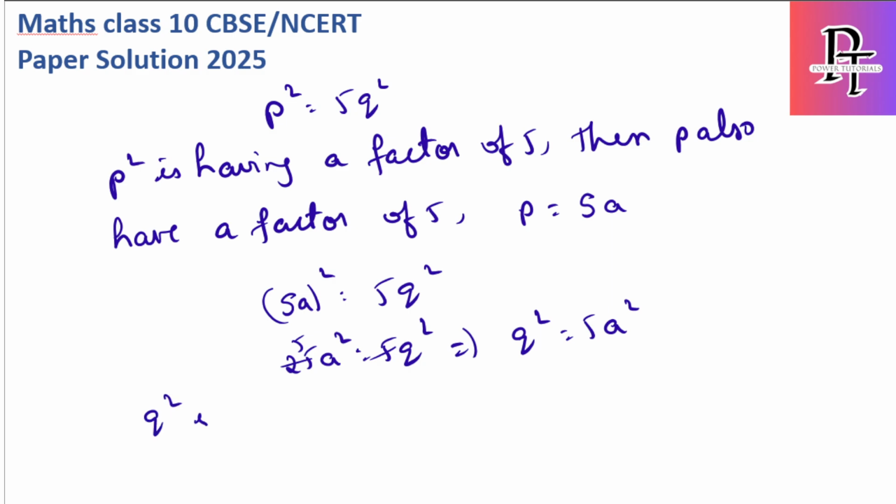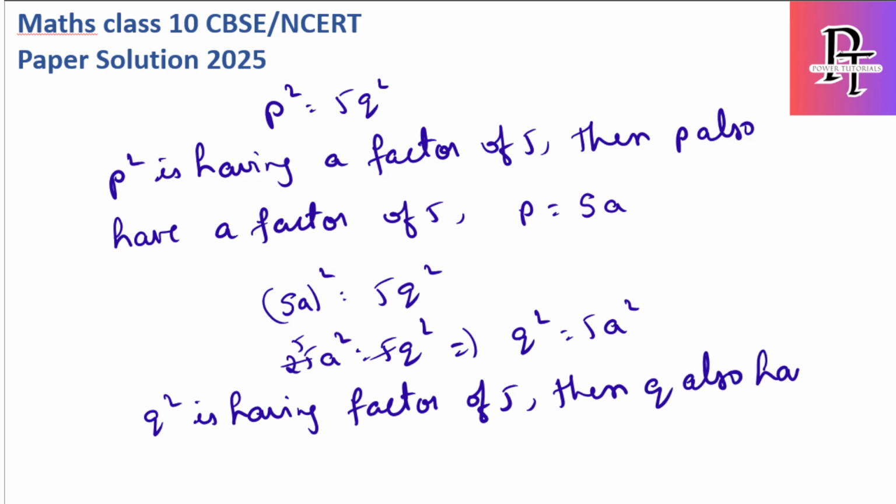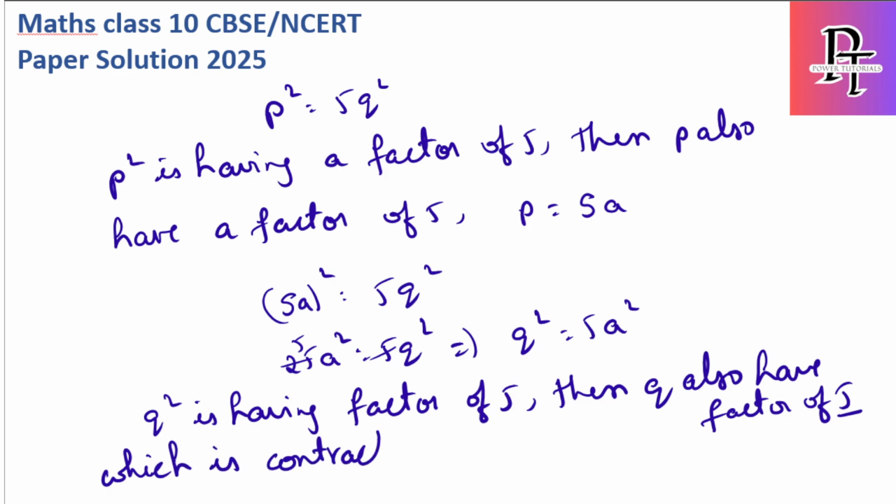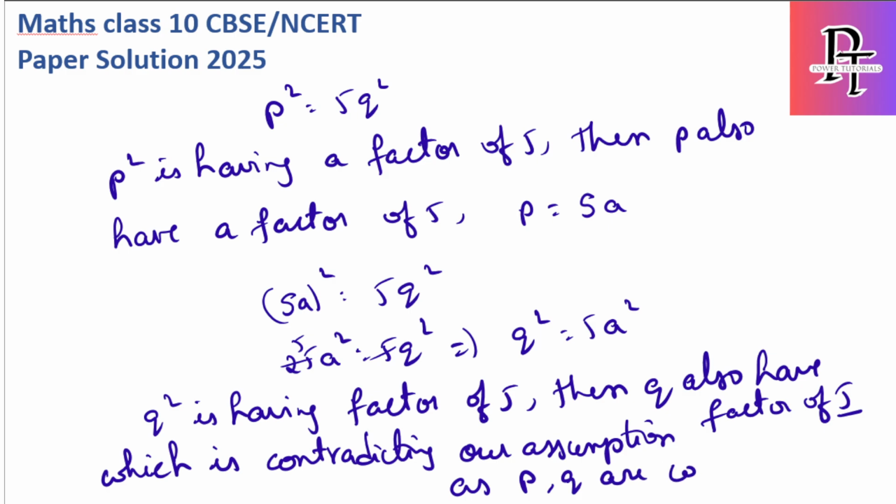So as q square is having a factor of 5, then q also has a factor of 5, which is contradicting our assumption, as p comma q are co-primes.